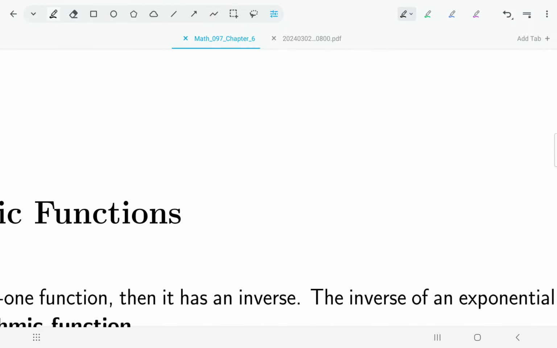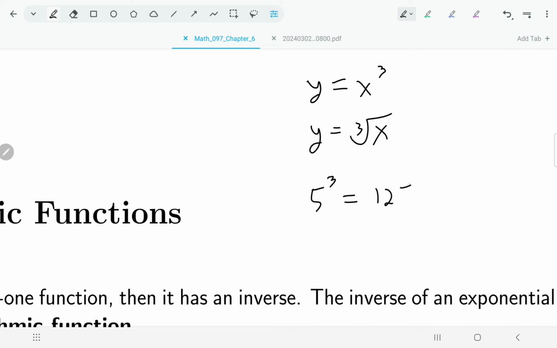about inverse functions. One of them was that inverse functions switch the inputs and the outputs. For example, we know the cubing function and the cube rooting function are inverses of each other. If we take 5 cubed, we get 125.